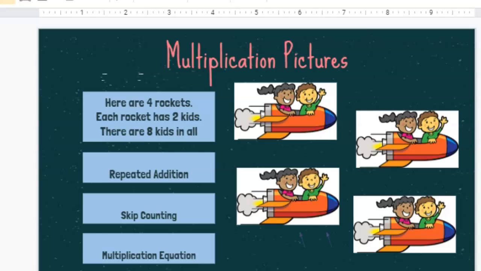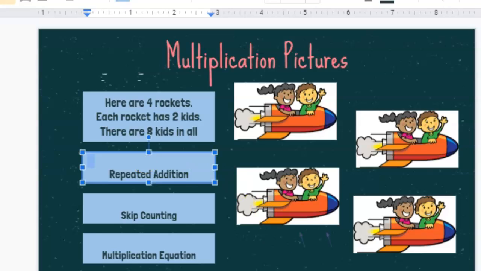Okay, our first example is, here are 4 rockets. Each rocket has 2 kids. There are 8 kids in all. What repeated addition sentence would go right here to make this true?